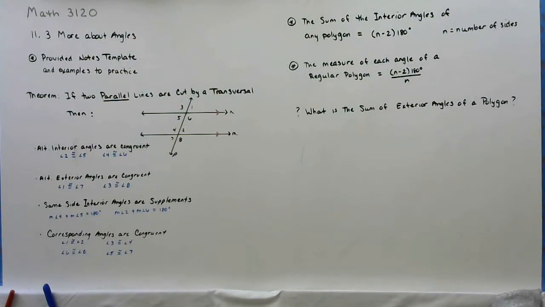Well, let's figure it out, okay? Let's figure it out. We can figure it out with a triangle, a square, pentagon, hexagon, any of them.